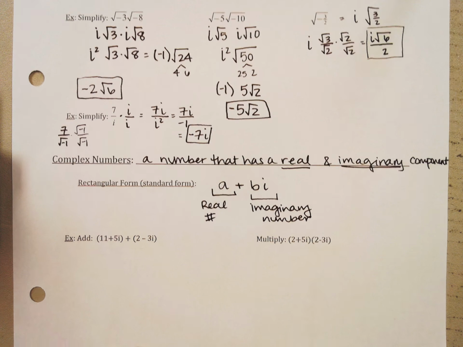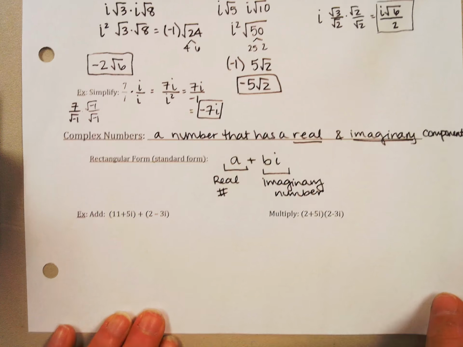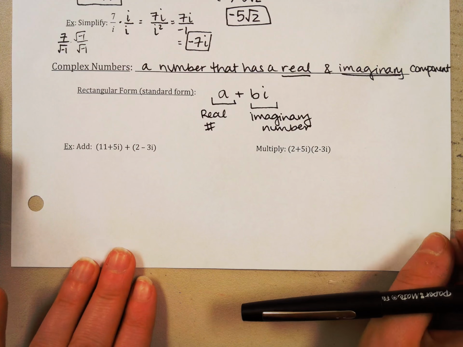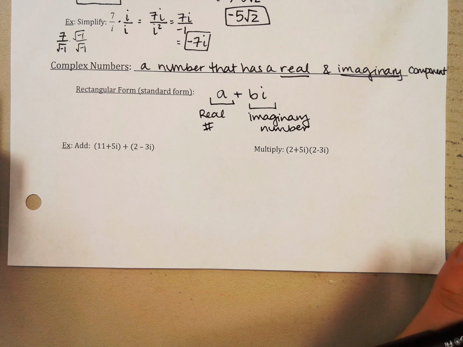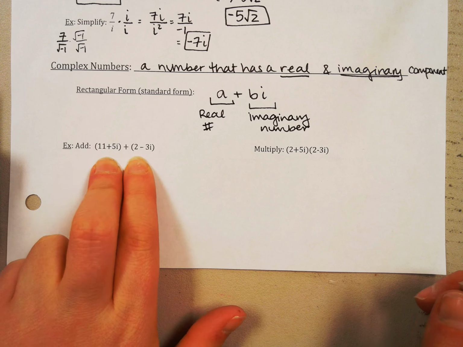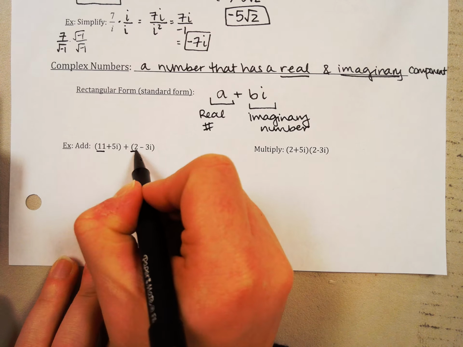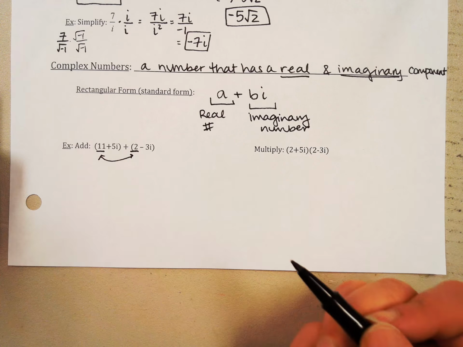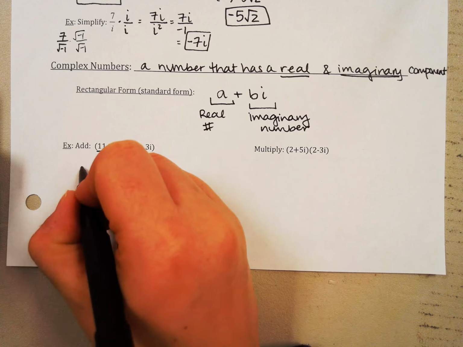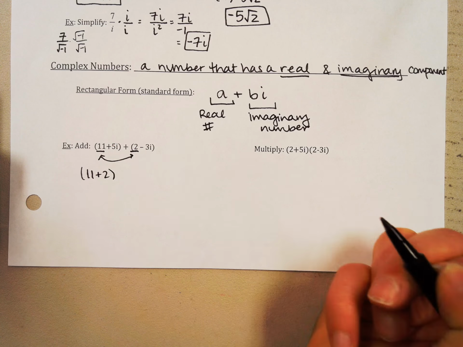So in general operations, when we deal with our complex numbers, we kind of treat i just like a variable. So that just means that we add our real components and we add our imaginary components. We add the numbers that don't contain i in them. So these are both our real components of our complex numbers. So we're going to add those, 11 plus 2, that's going to be our a value.